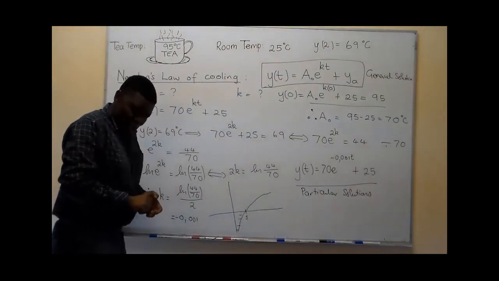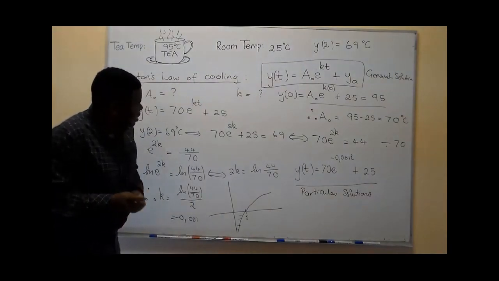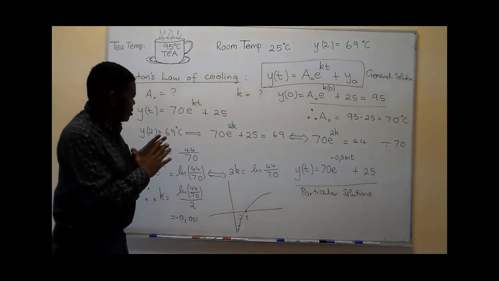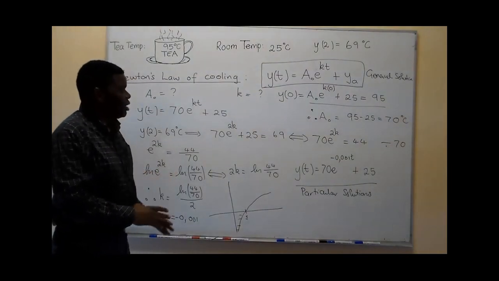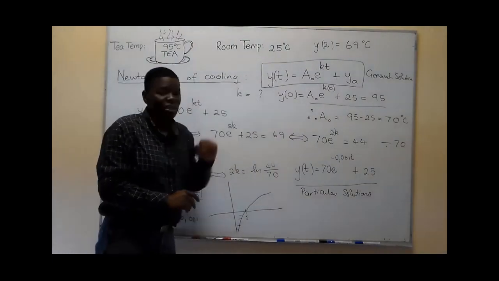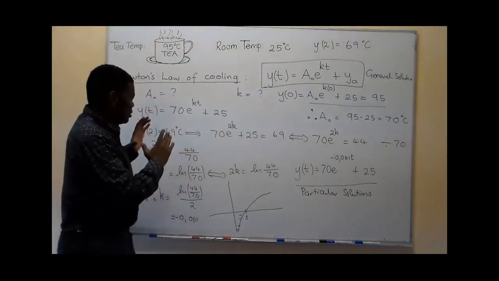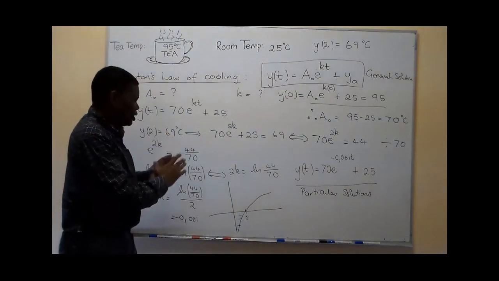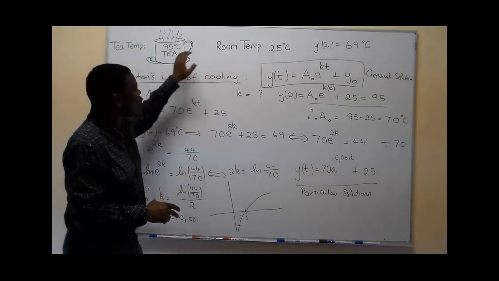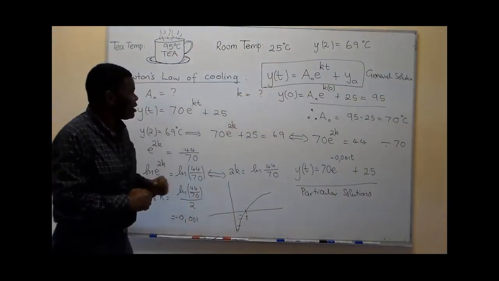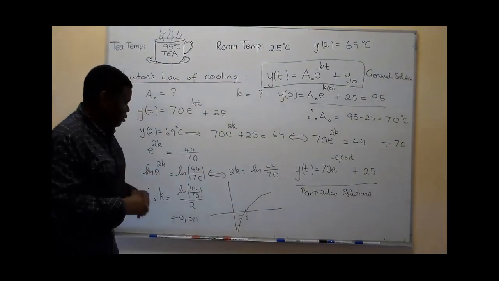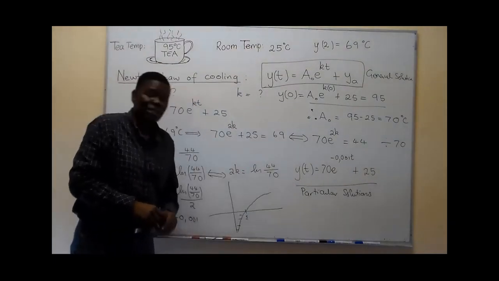Otherwise, I hope you've taken note of the process which is involved here. You have a particular situation, we know a general model, now you want the model which describes this particular situation, so you have got to take account of your initial conditions which are given, use them to find particular values, then you arrive at a solution.